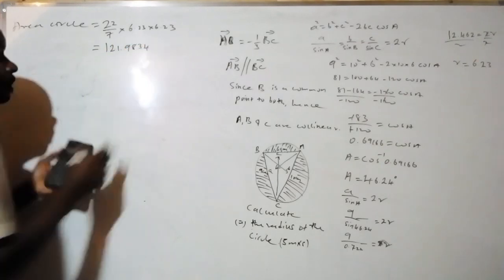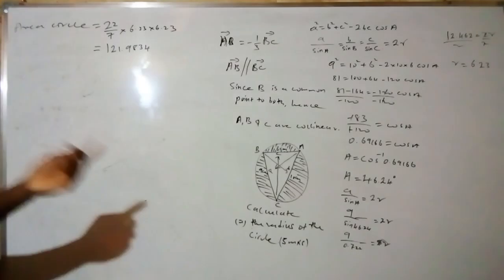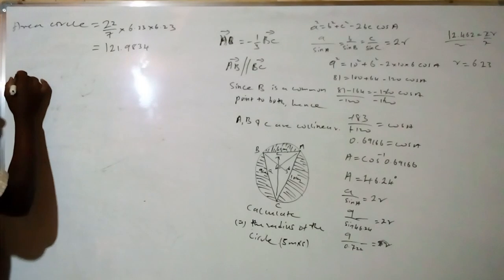Next, we can get the area of the triangle. We can use Hero's formula. S is equal to A plus B plus C all over 2.